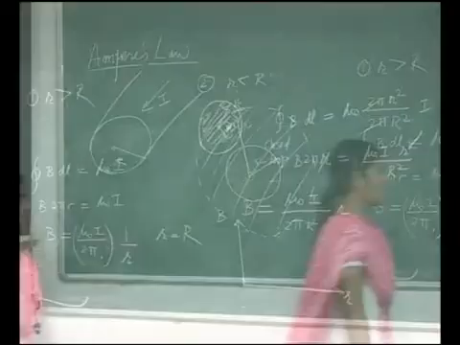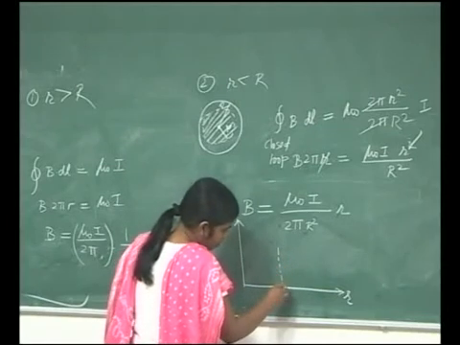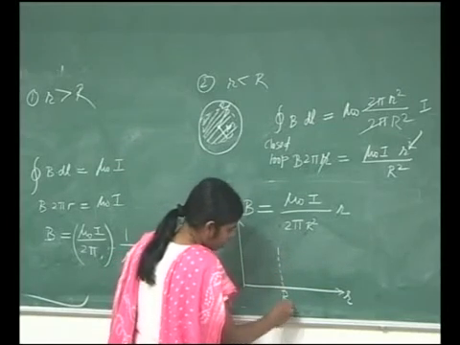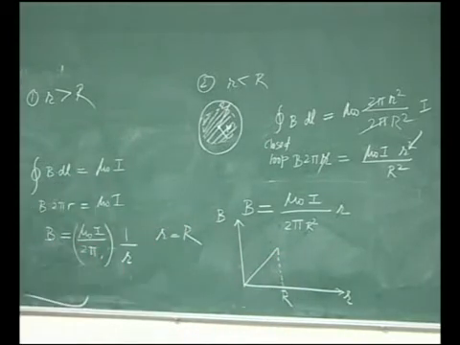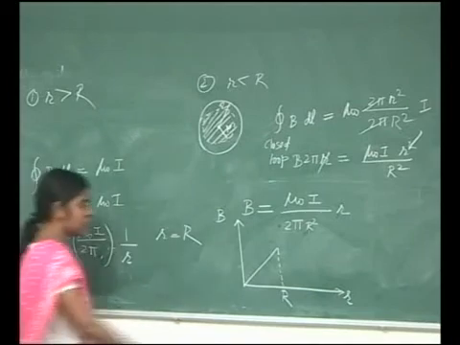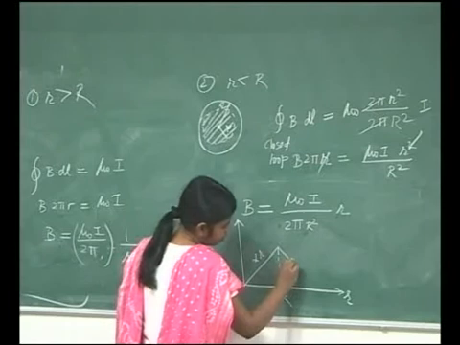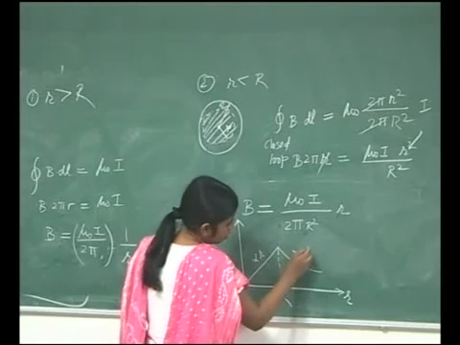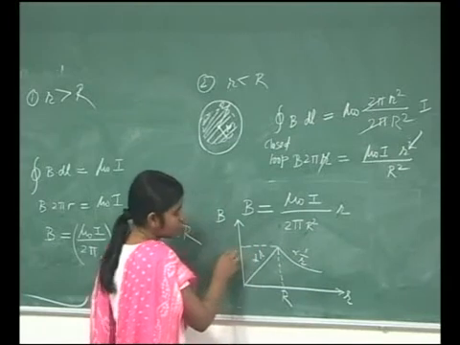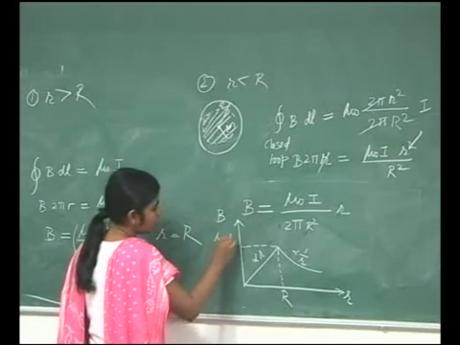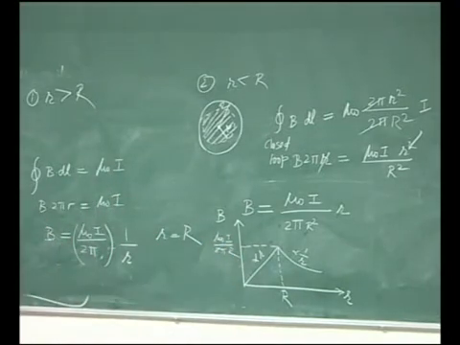If I have this point as capital R, then I have a straight line proportional to R, and then a decay which is proportional to 1 by R. And what is this value? This value is mu 0 I upon 2 pi capital R, the maximum value of the field.